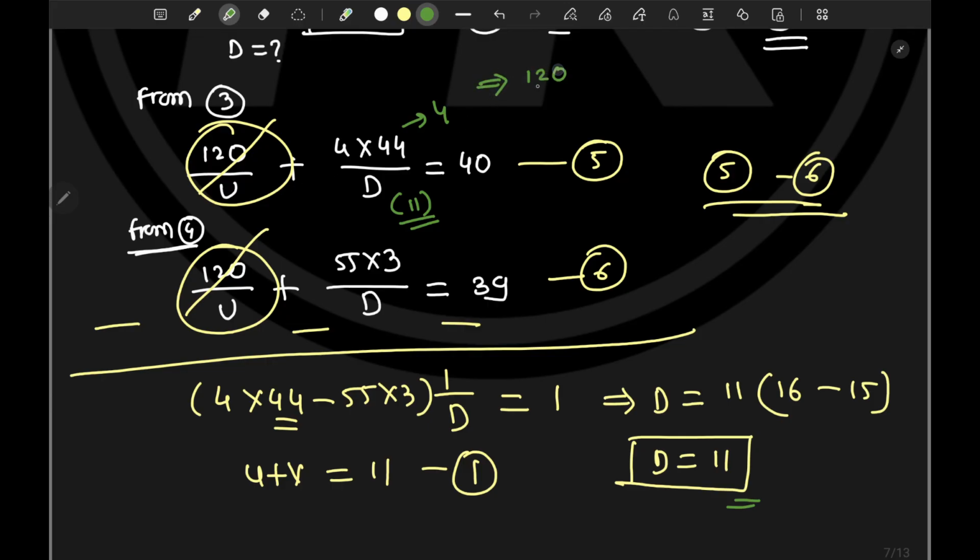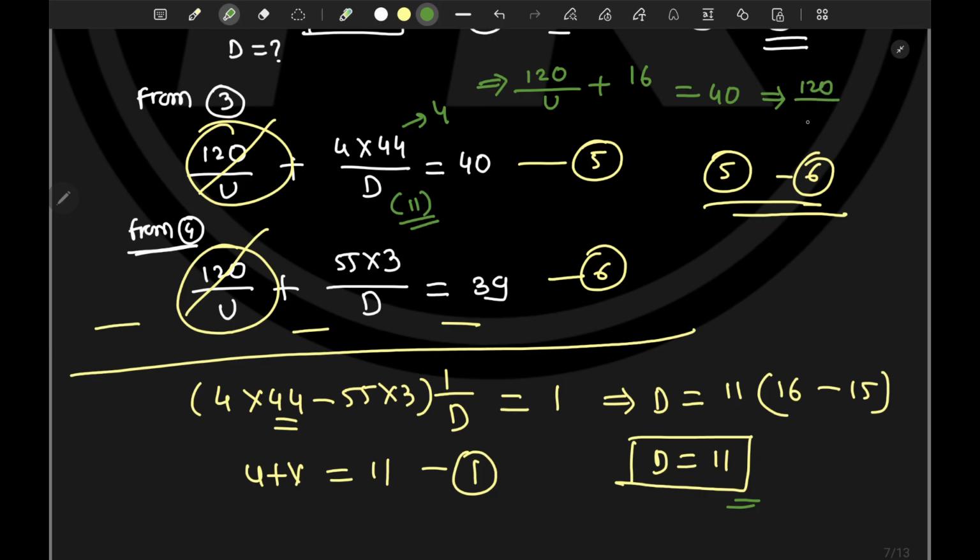It will be like 120 divided by u plus 4 into 4 is 16 divided by d is equal to, so d value we know is 11, we already put that, so no need to write that here, is equal to 40. Now from this equation, tell me, this 40 minus 16 will be how much?